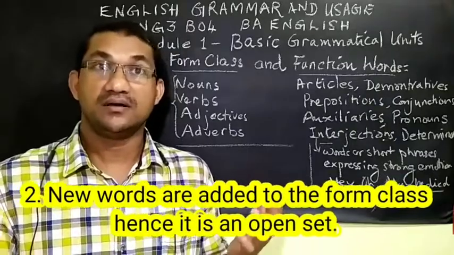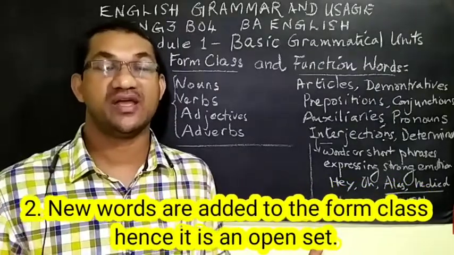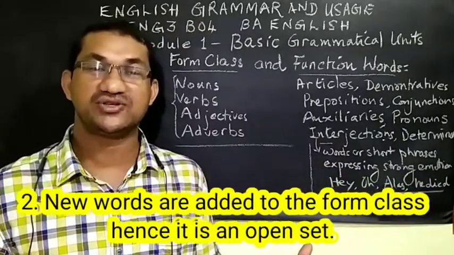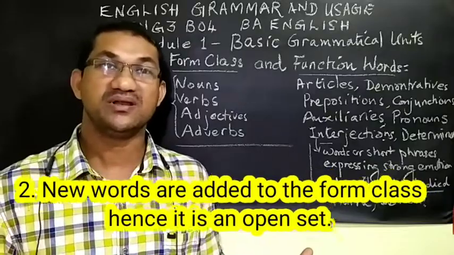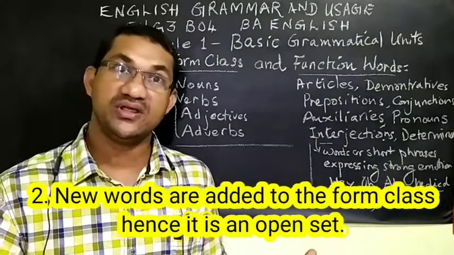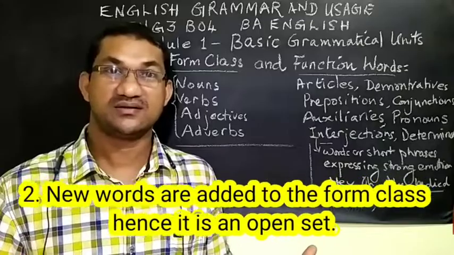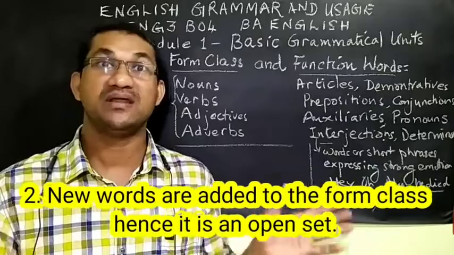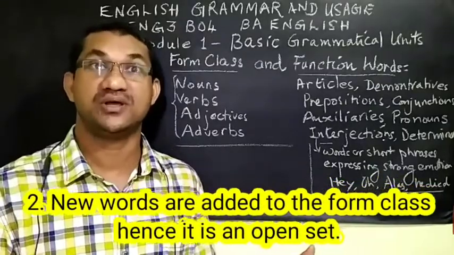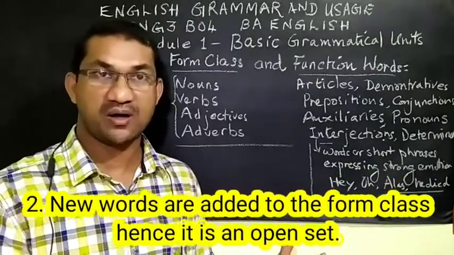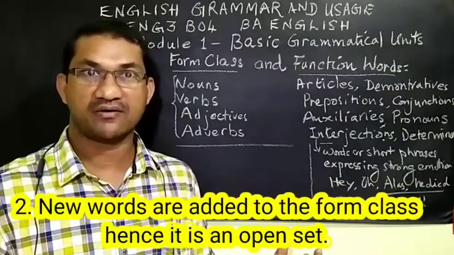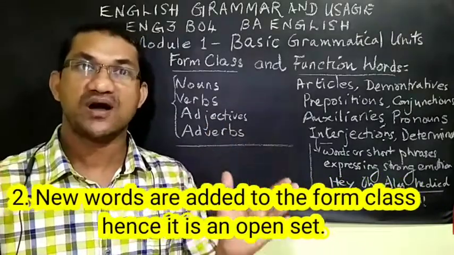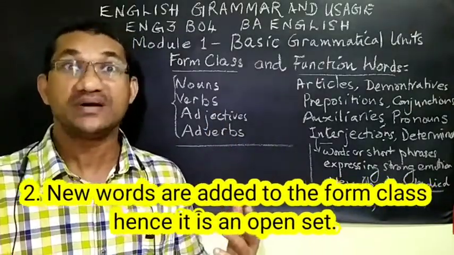We have many Indian words becoming English, Tamil, Malayalam, Hindi words, similarly Japanese words, Greek words, Sri Lankan Sinhala words, from many languages of the world, like yoga, Raja, Rani, Avatar. And we say that form class words are open set.